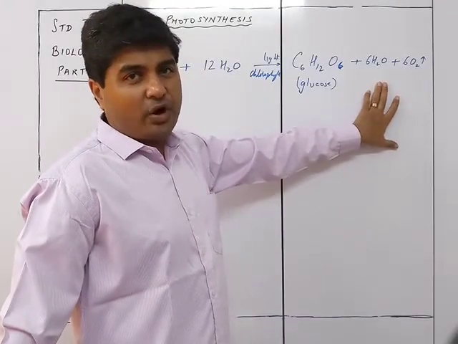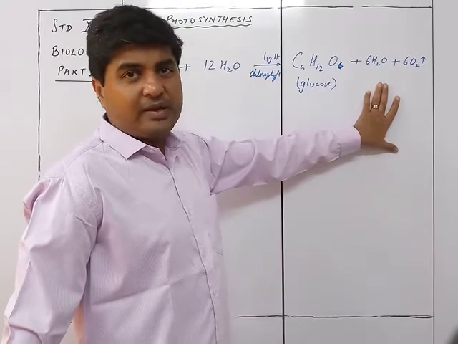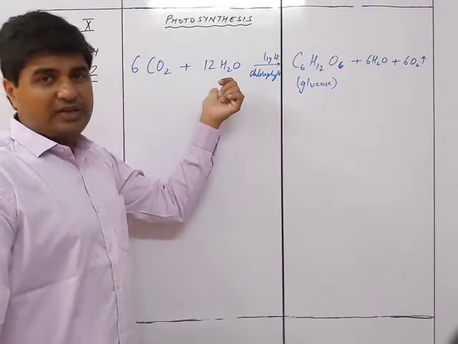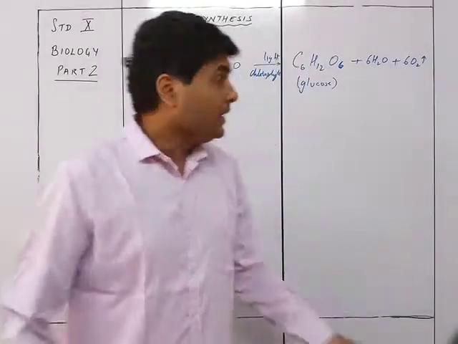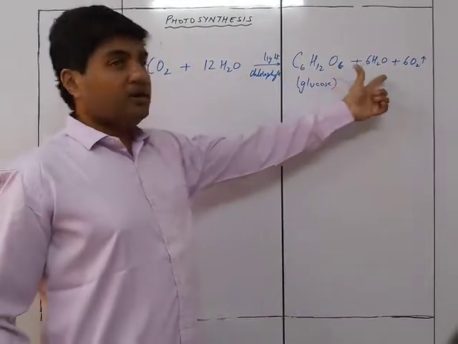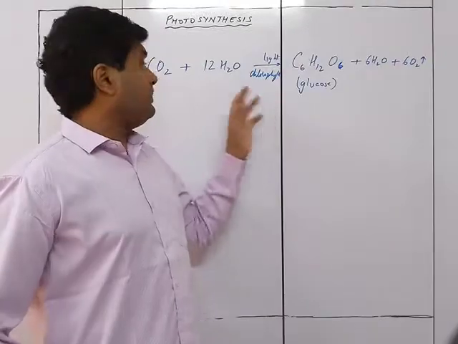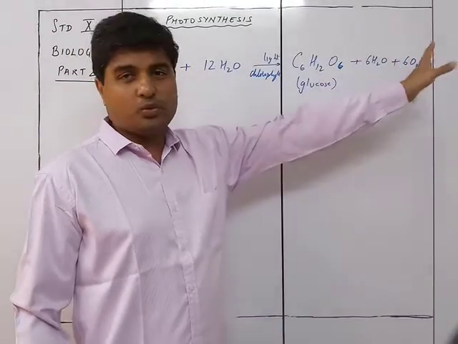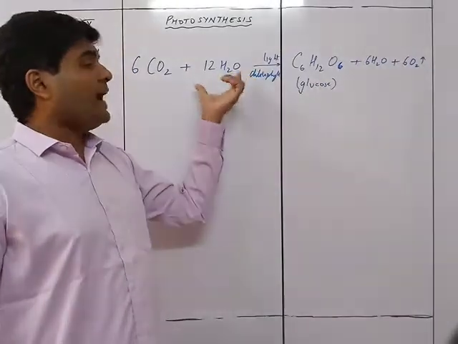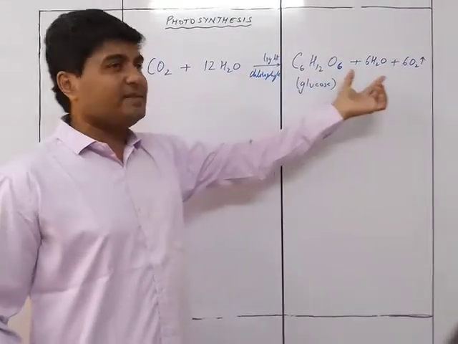It is a reformation of water, not the same as what was taken earlier in the equation. And that's why the presence of H2O here and here both are necessary. You cannot just make this 6H2O and make the product C6H12O6 and 6O2. No, it is not possible to do that. We have to show 12H2O over here and 6H2O over here.